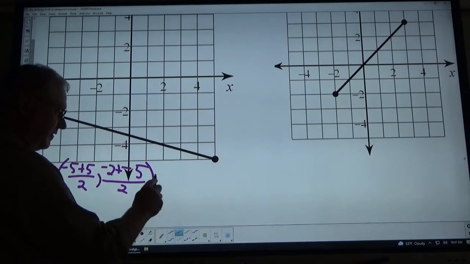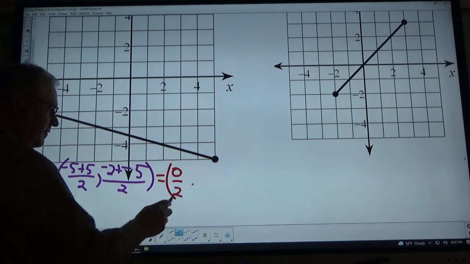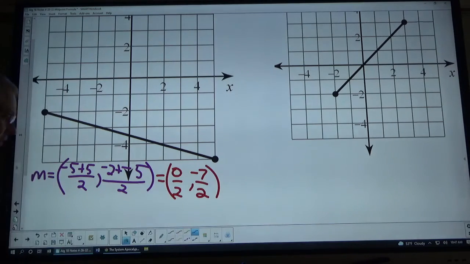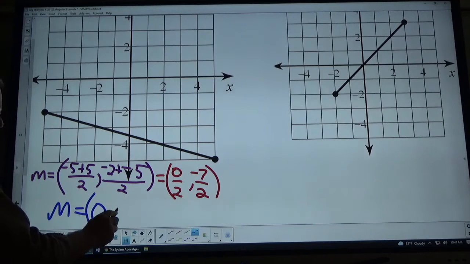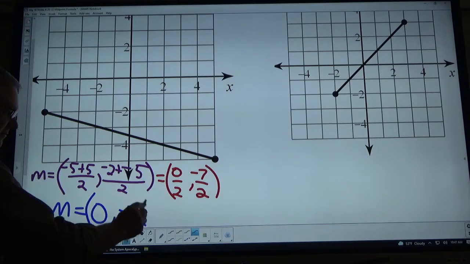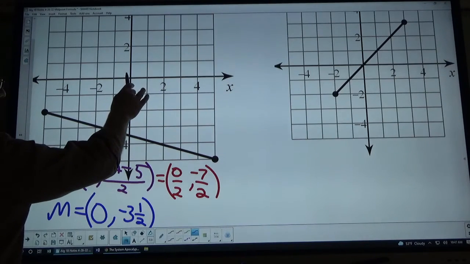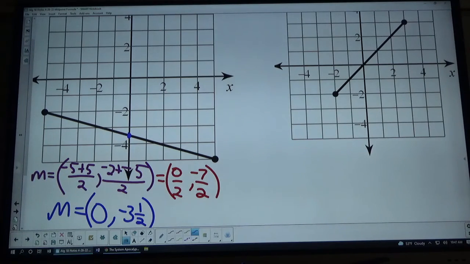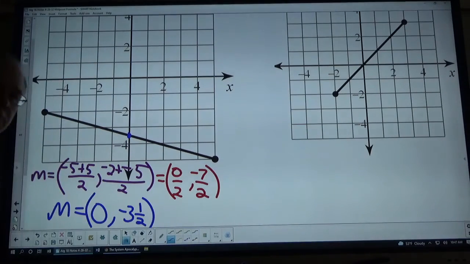Well, that simplifies to 0 over 2 and negative 7 over 2. 0, negative 3.5. So 0, negative 1, 2, 3.5. There's my midpoint of this segment. Give that one a try. Unpause when you're ready.